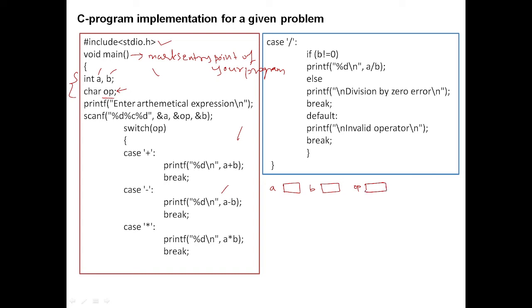A and B are of integer type. How many bytes will be allocated? 2 bytes each. OP is of type character, so 1 byte of memory will be allocated, right?